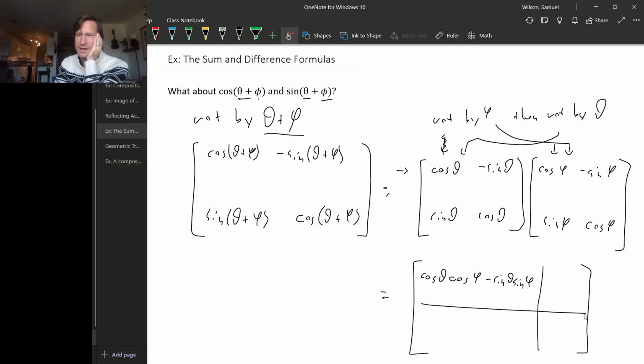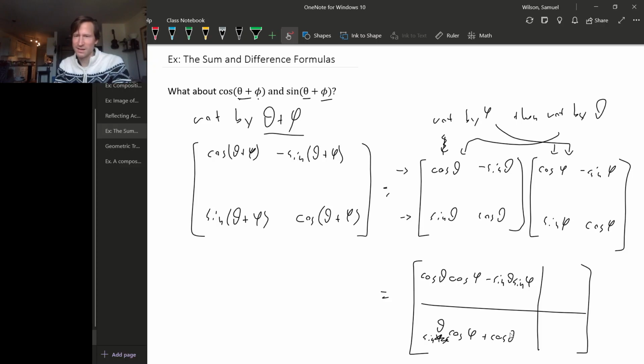Okay, and then for the second entry in the first column, second row times first column, we get sine theta cosine phi plus cosine theta sine phi.